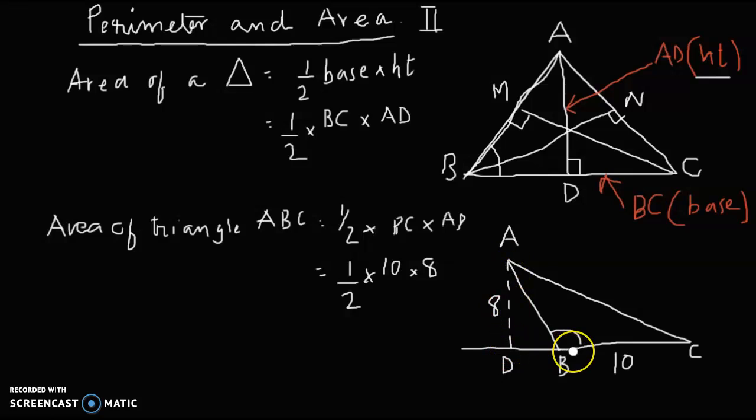So AD falls away from the triangle. The formula remains the same, half into BC into AD, that is base into height, and base is 10, height is 8. So we'll cut this and you'll get equal to 40.